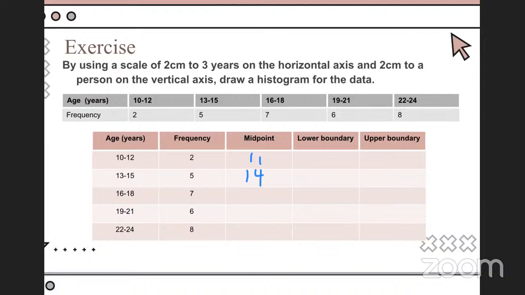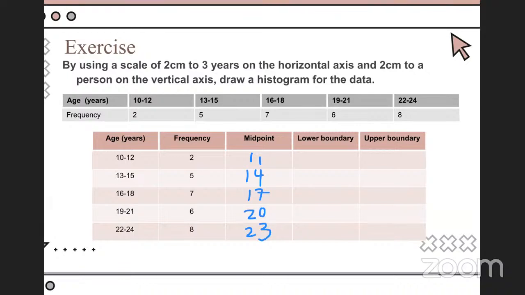So I'll show. Okay, 17. Next is 20. And then 33. Yep, correct.